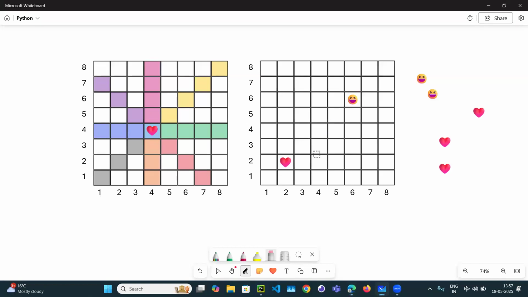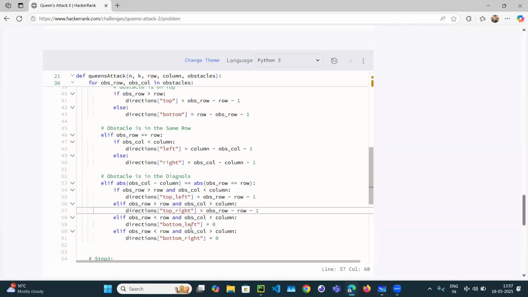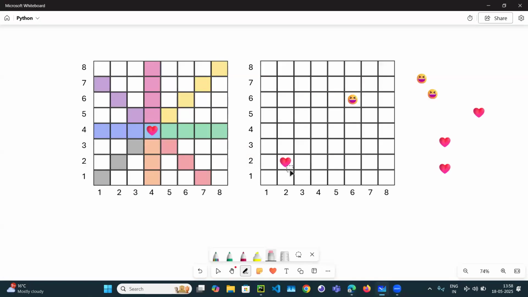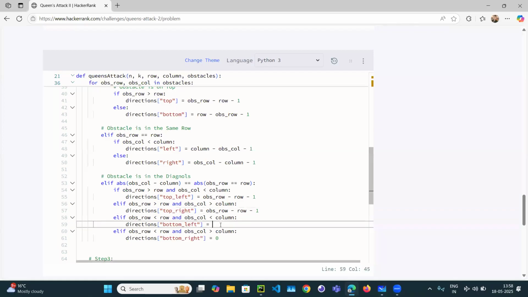Now the bottom left. The queen is here. Earlier the queen could attack 1, 2, 3, but now only 1. So basically row 5 minus 3 is 2, minus 1. So row minus obstacle row minus 1.